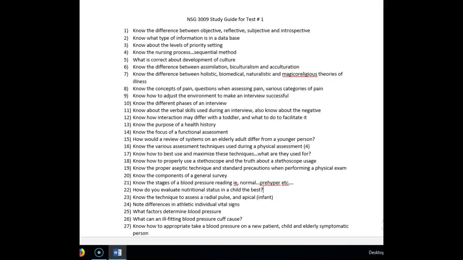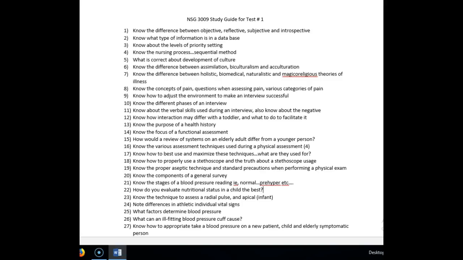One thing that we didn't discuss too much was, you know how when we weigh a person, for instance, that would probably be part of you doing a physical assessment.